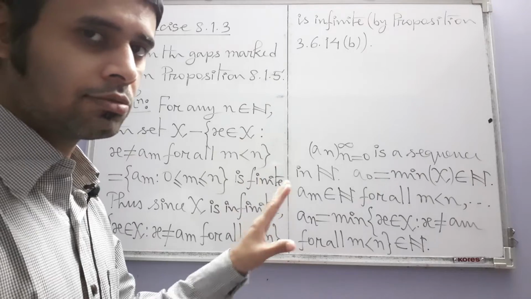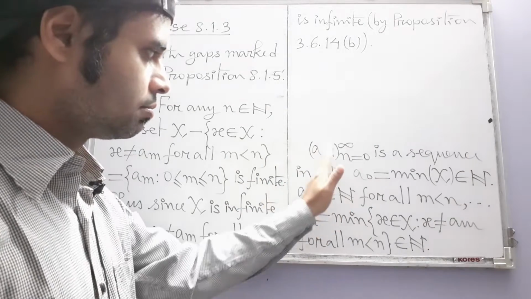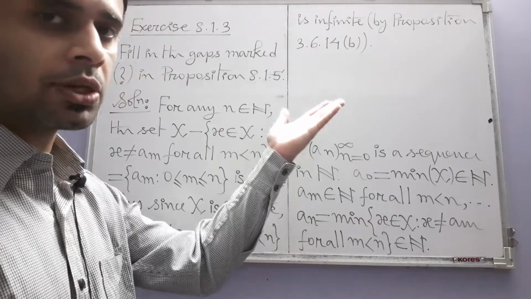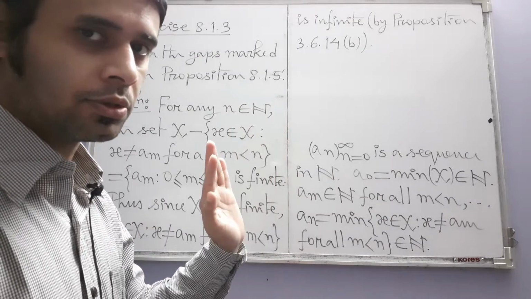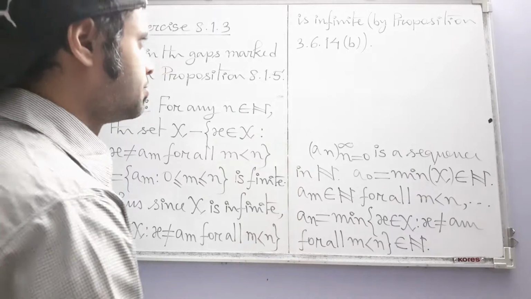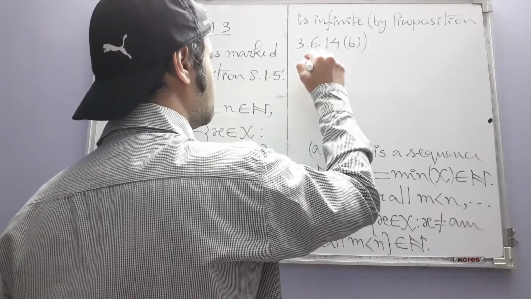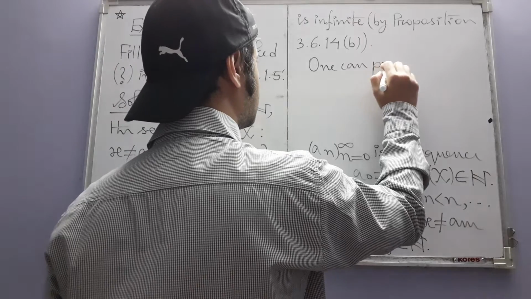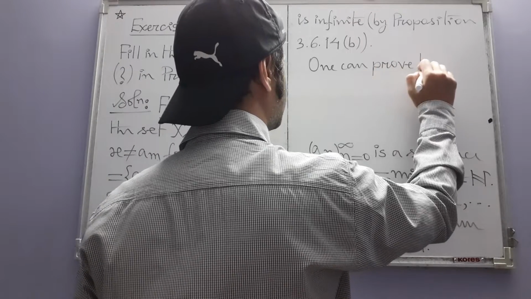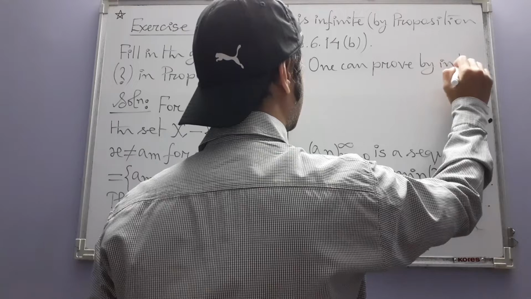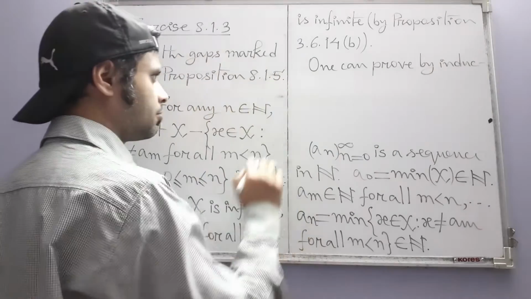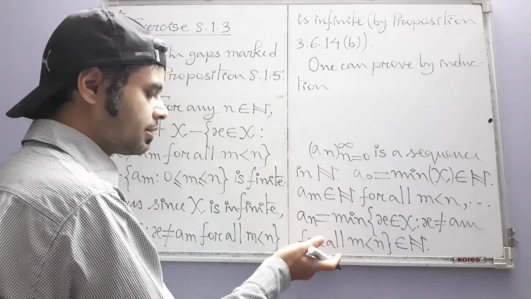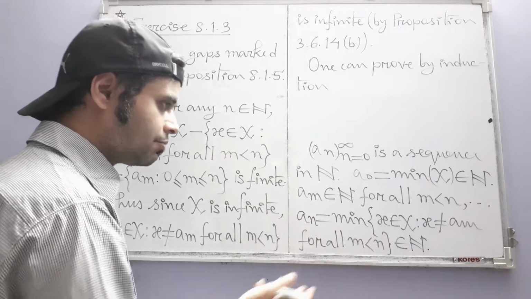In the text, however, there is a question mark. So we are just simply going to mention that it can be proved by induction like this. One can prove by induction, and you can clearly see that this proof need not even be written.